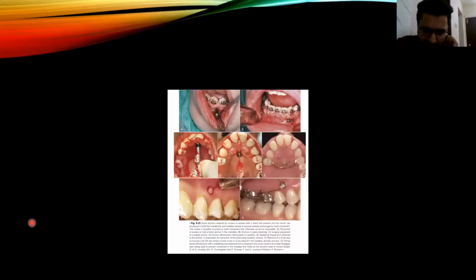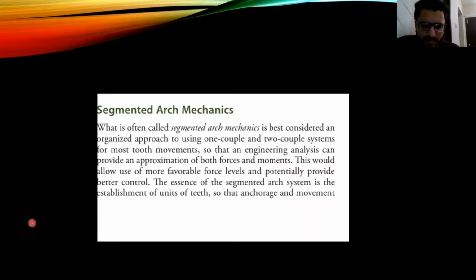And this is just an example of anchorage, palatal anchorage and all of that. Segmented arch mechanics was given by whom?